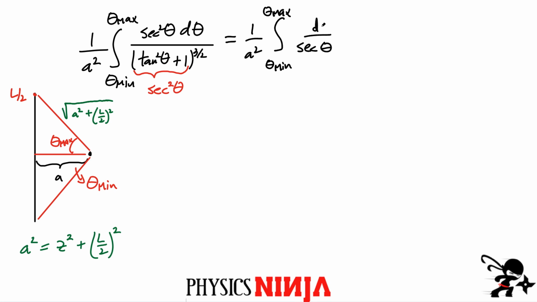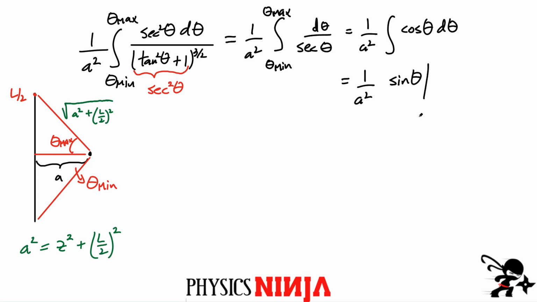Make sure you work through that for yourself. 1 over secant is just cosine, so we have 1 over a squared. I'll skip writing the limits for now, but we're basically going cosine theta d theta, and that result is really straightforward. It's just sine of theta, evaluated between both of those limits.